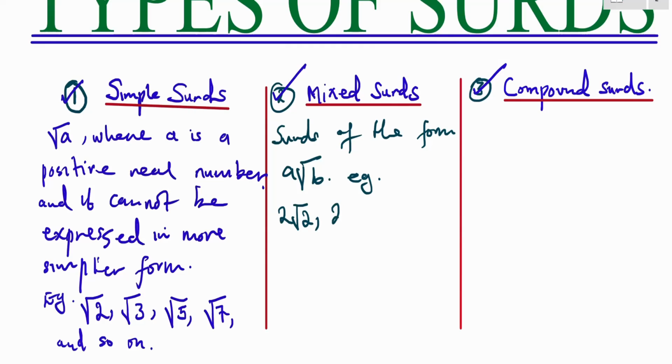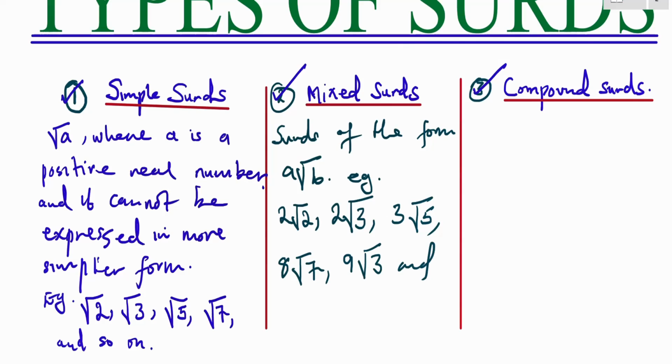We can have another one as 2 square root 3, 3 square root 5, 8 square root 7, 9 square root 3, and so on.